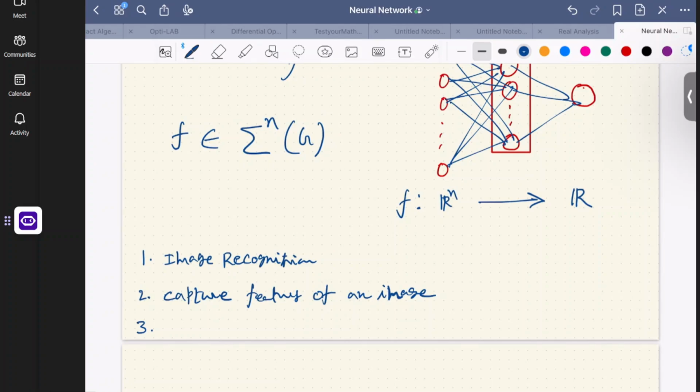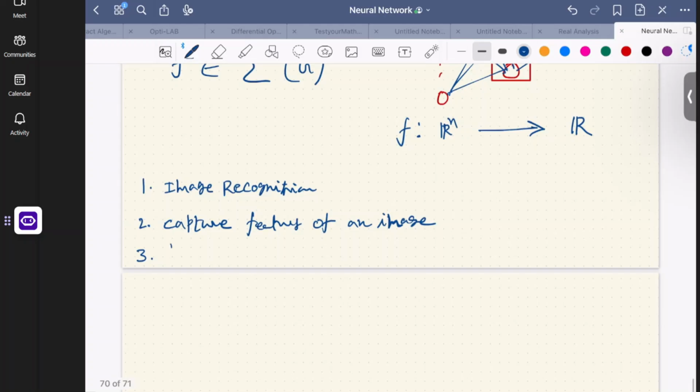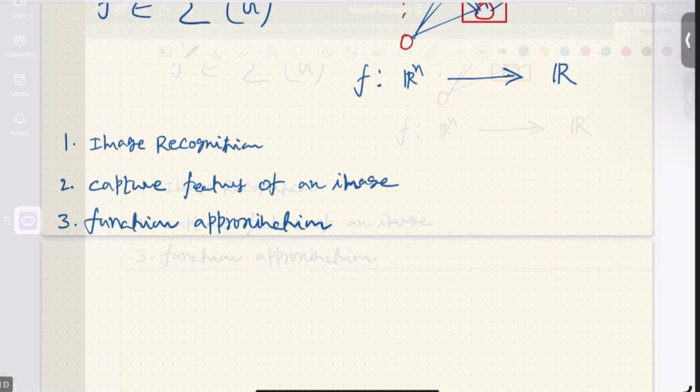As you said, this is again just function approximation. That is what I'm saying: prediction is function approximation. That means you are looking for a function so that if you pass an input you get the desired output.